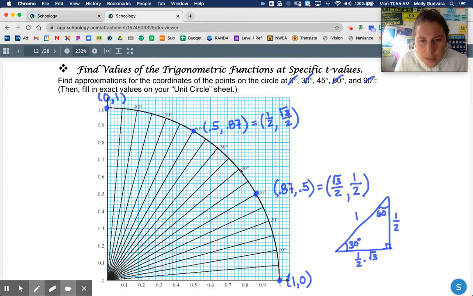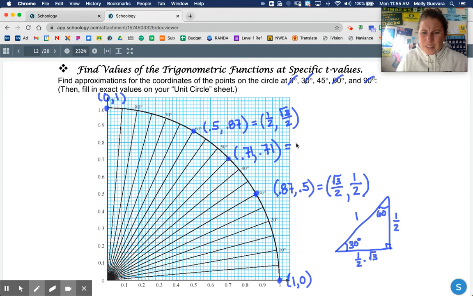And then the last one they want us to do is 45, which is right here. Which again is really hard to tell. If I go down, it's not quite at 0.7. This is actually 0.71. And then if I go across, it's actually at 0.71 again.